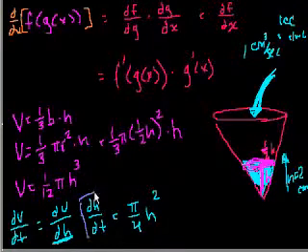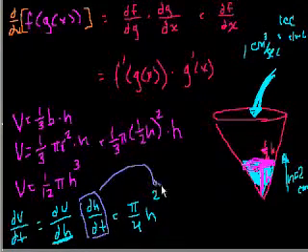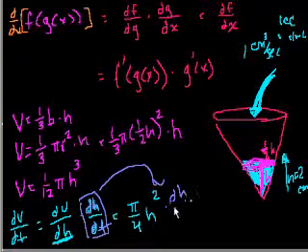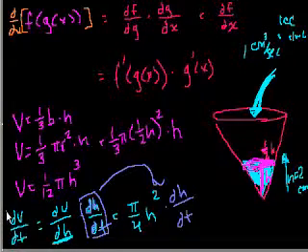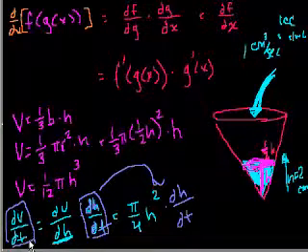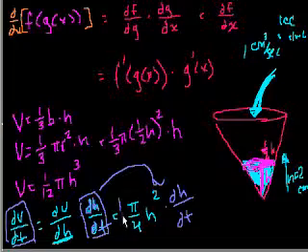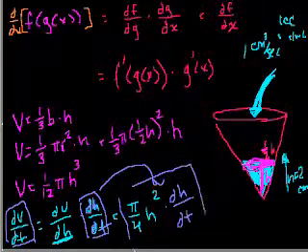And then this part is dh/dt. So you're saying, Sal, what have you now done? I said the rate at which the volume is changing with respect to time is equal to pi over 4 times the height squared times the rate at which the height is changing with respect to time.